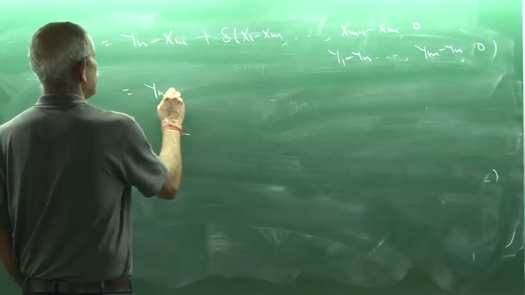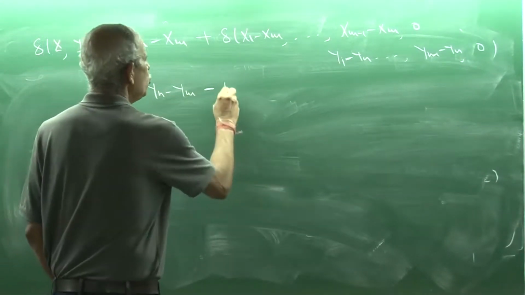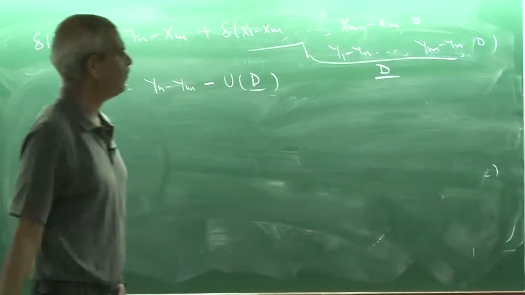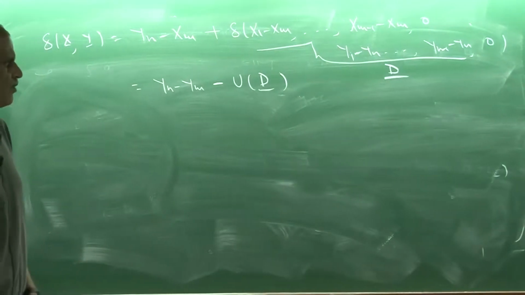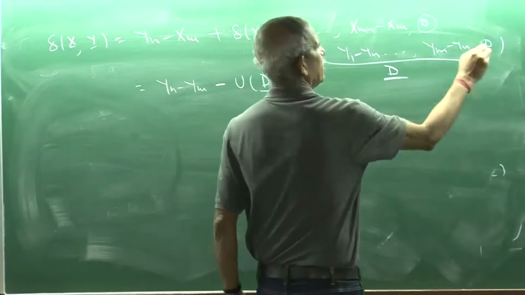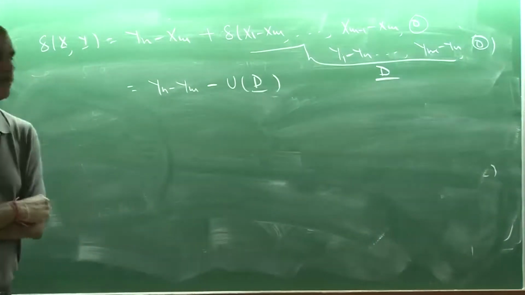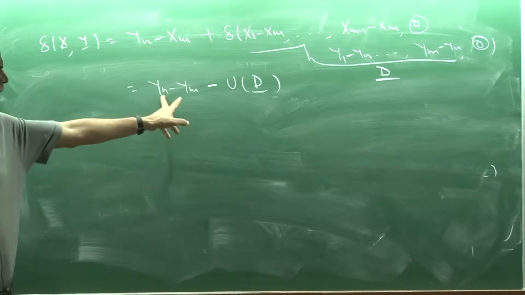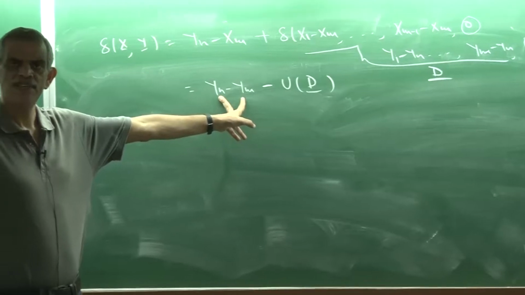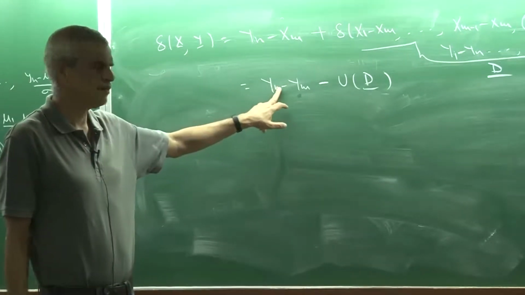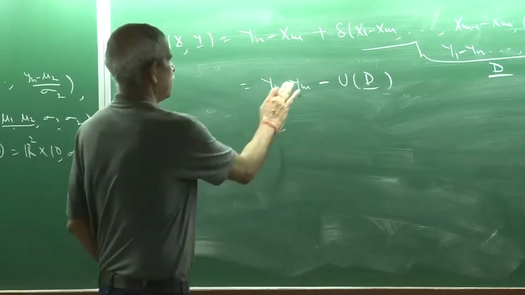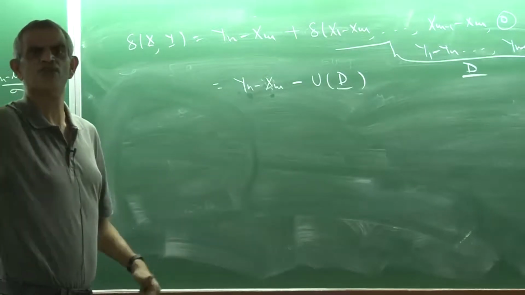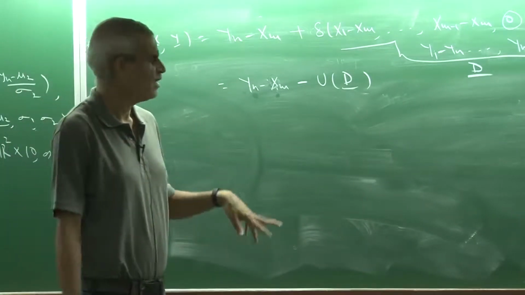So what does that mean? That gives me yn minus xm minus u times d, where my d vector is the vector of these differences: x1 minus xm, ..., xm minus 1 minus xm, y1 minus yn, ..., yn minus 1 minus yn. But this itself is an invariant procedure, because when yn goes to yn plus c2 and xm goes to xm plus c1, it becomes yn minus xm plus c2 minus c1, which is the property of an invariant.